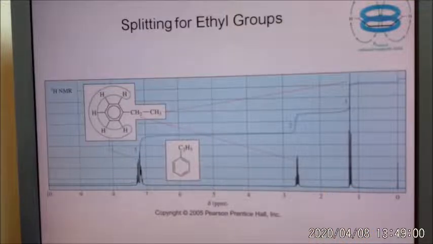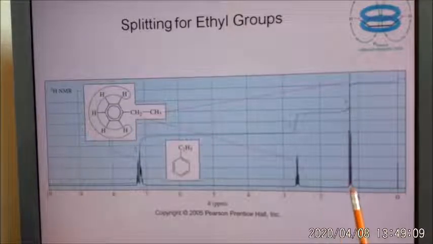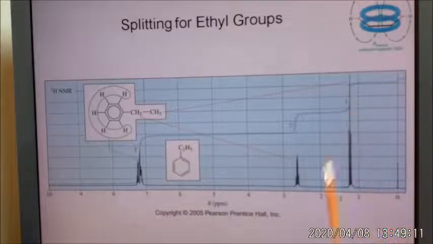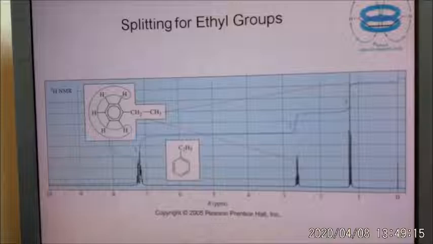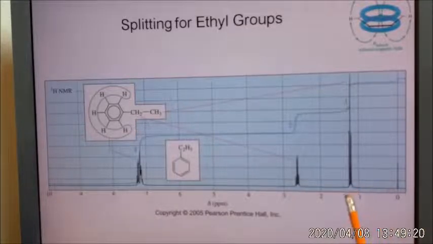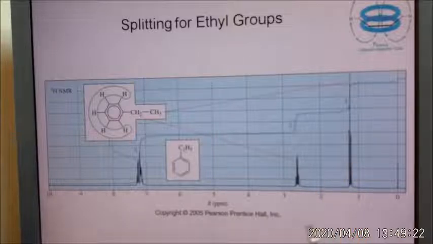That's further away because the chemical shift wasn't affected as much as the CH2. And then we say, oh, what about the splitting? See this? This is a CH3. It has 3 peaks, which means its neighbor has 2 protons. So this CH3 group must be attached to a CH2.